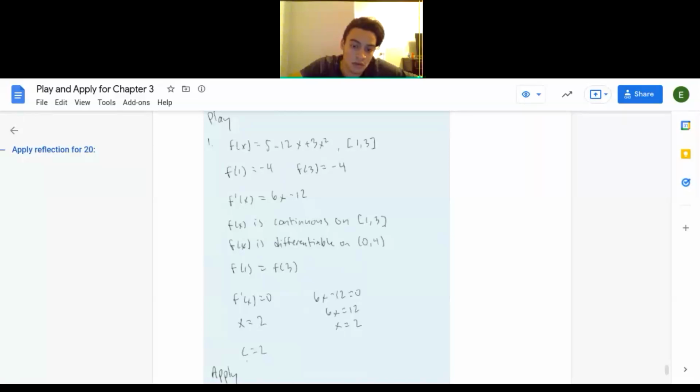And you can graph the original thing on Desmos, and as long as there are no jumps or stops or holes, then you know that it's continuous and that it's differentiable. Then you can apply Rolle's theorem, which states that if those 3 conditions are true, then there is a critical number no matter what. And finding the critical number is just taking the derivative and then setting that derivative equation equal to 0. Okay, gotcha. Yep. All right.